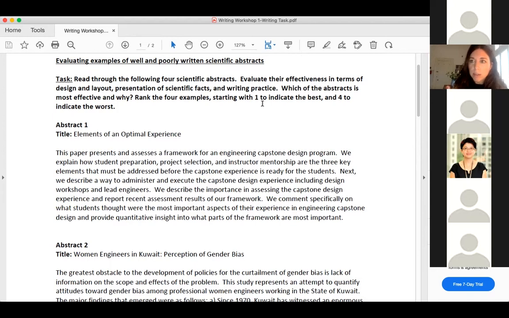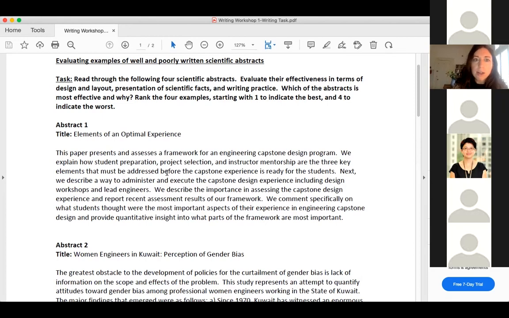So try and bear in mind the stuff I've just discussed, as well as your own knowledge from academic writing. Which of the abstracts is most effective and why? So I want you to rank the 4 examples, starting with 1 to indicate the best and 4 to indicate the worst. So we're going in order from best to worst. So say if abstract 2 is the best, that should go first, and then just give me an order, and you can write the numbers in the chat box.